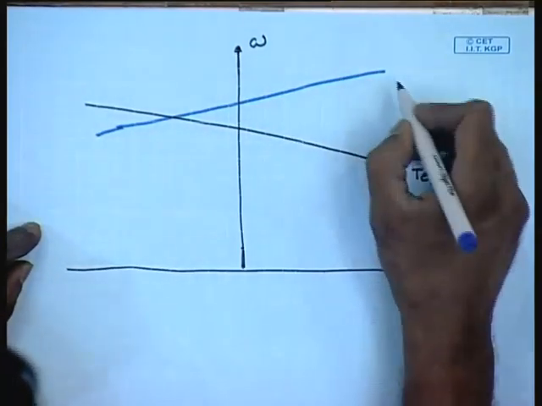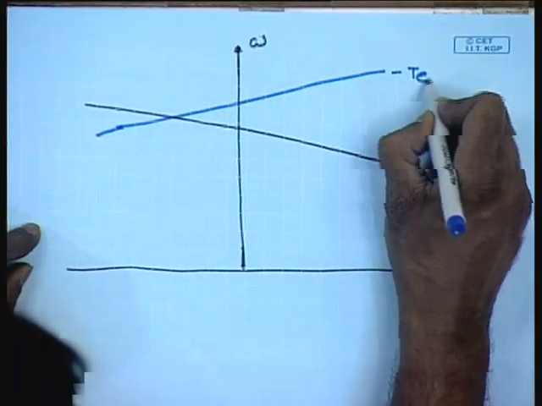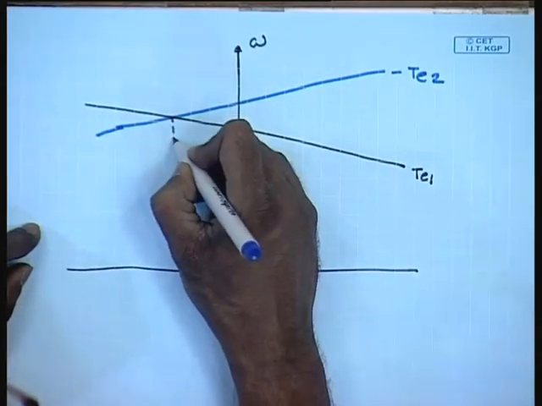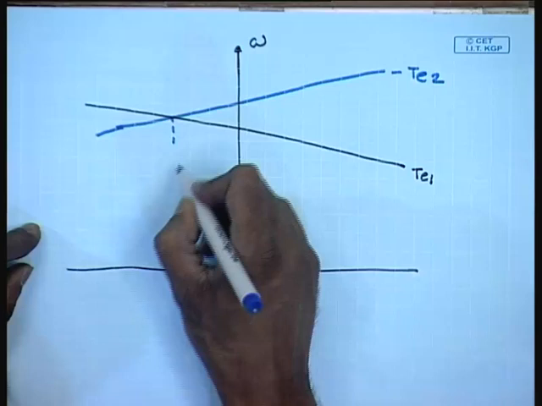We find that this is minus TE2, and we find that the operating point is here.